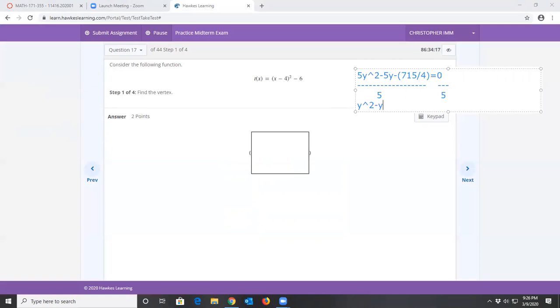So I'm going to create an equivalent expression, but we want that y squared to have a 1 out in front of it if we can. So I'm dividing 715 by 5, and I get 143. So this is minus 143 divided by 4.